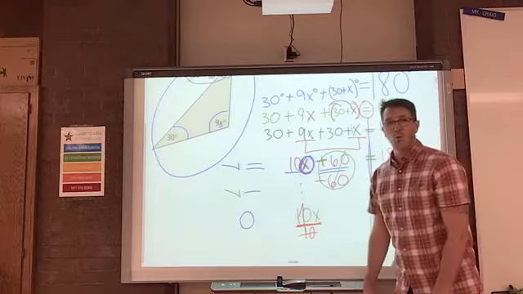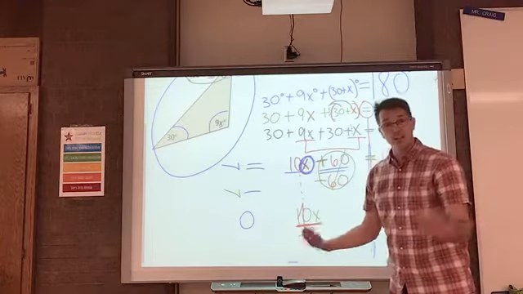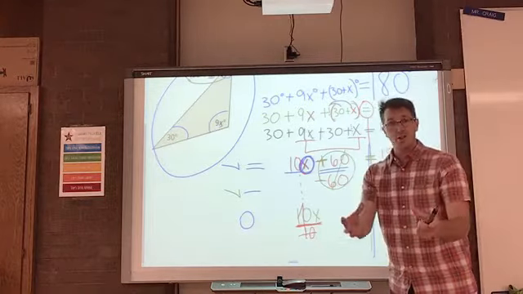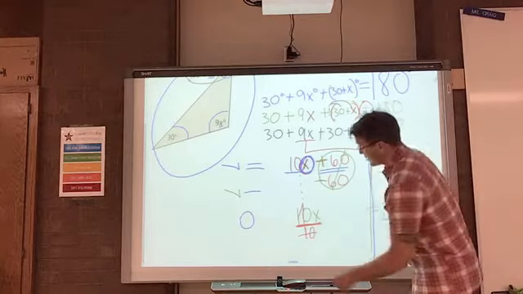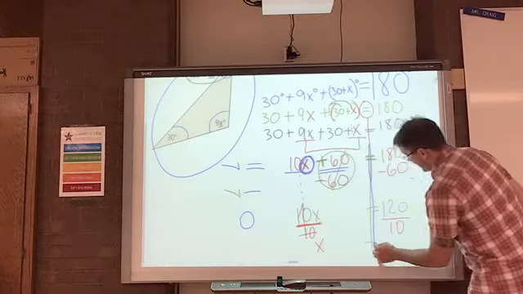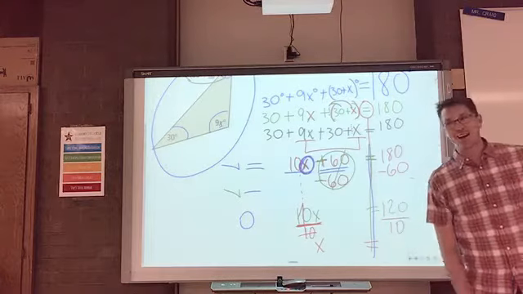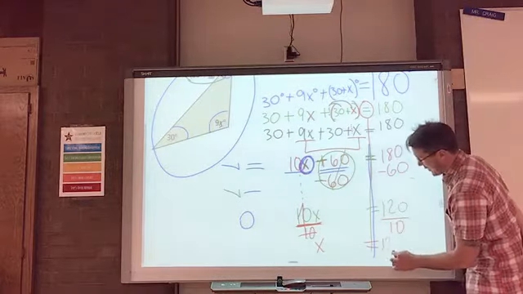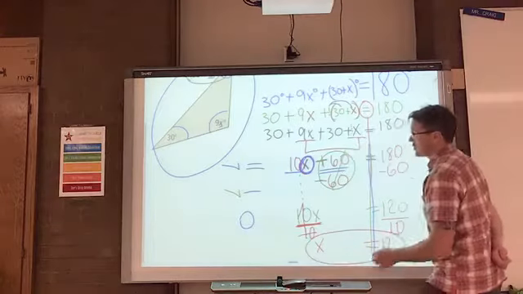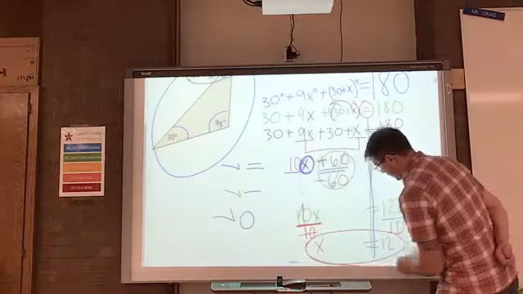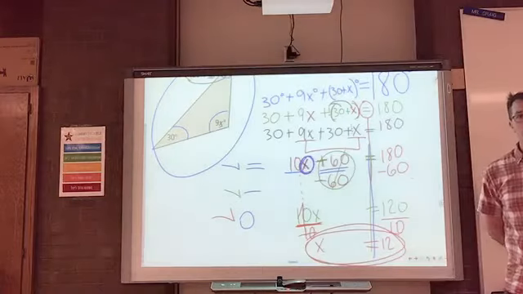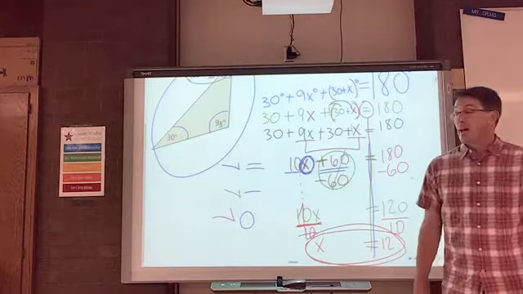Just like you don't ask for 1 salt shaker, you just say pass the salt. It's assuming you mean 1. Nobody's going to pass you 8 salt shakers if you say pass the salt. So it's just x. And then 120 divided by 10 is 12. And that is my solution. 2, 1, 0 is my solution. X equals 12. That's how you do that.